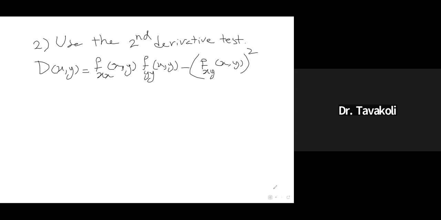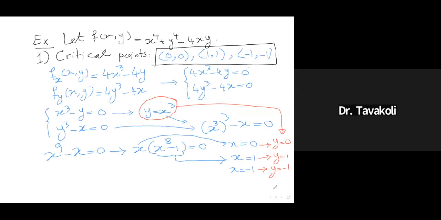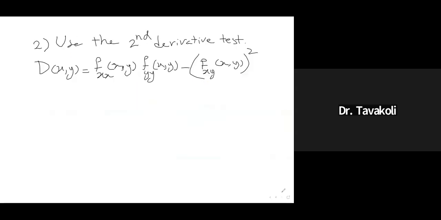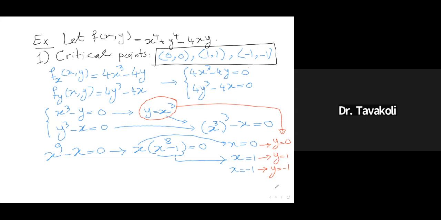So look at the function here. If you find the second derivative with respect to x and treat y as a constant, you will get 12x squared. The second derivative with respect to y, similarly, is 12y squared.